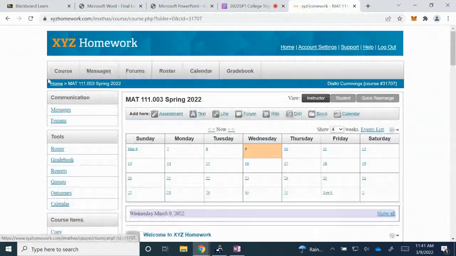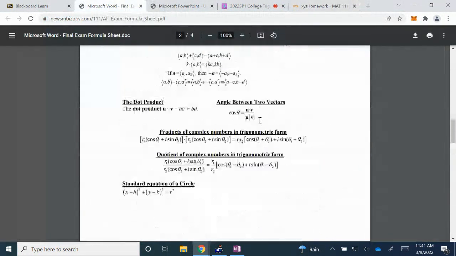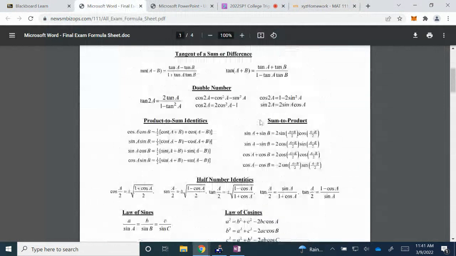What we're going to do from this point is bring back up the formula sheet, and we're going to take a look at the last box of formulas. They are the product to sum identities and the sum to product identities. If we take a look at the product to sum identities, notice that on the left-hand side of our formulas, we have products.